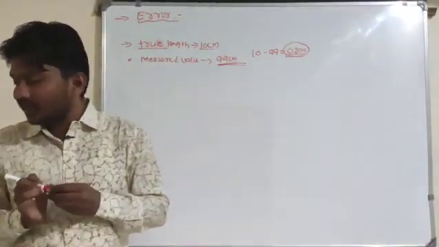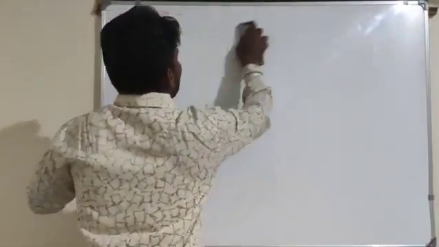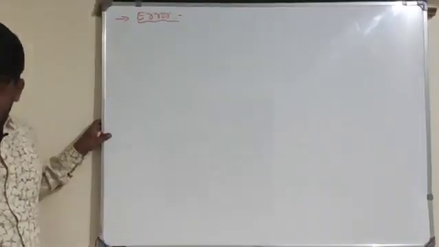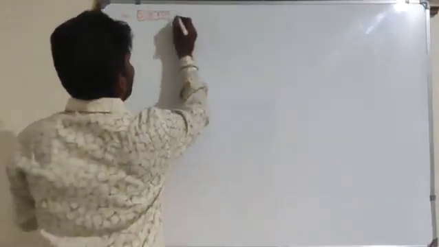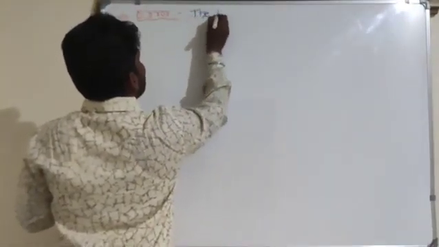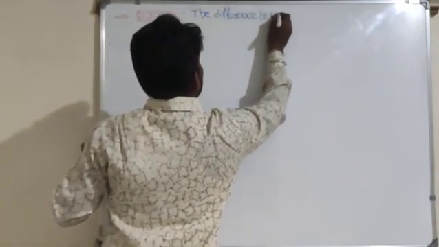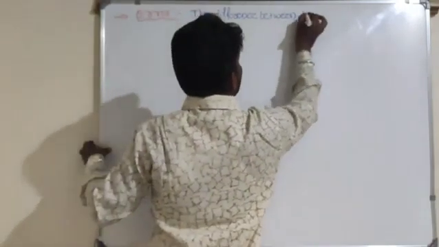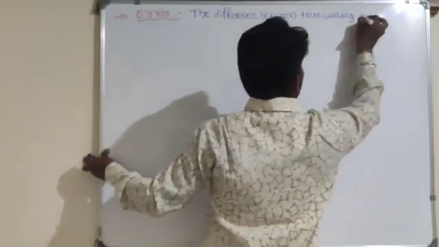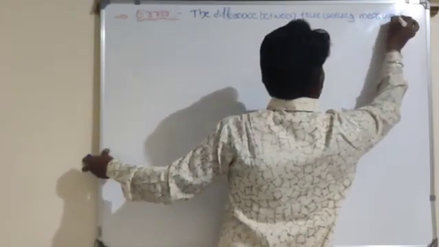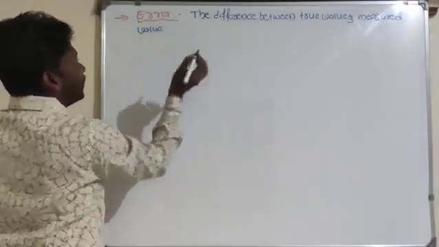How will you define error? Error is the difference between true value and measured value.